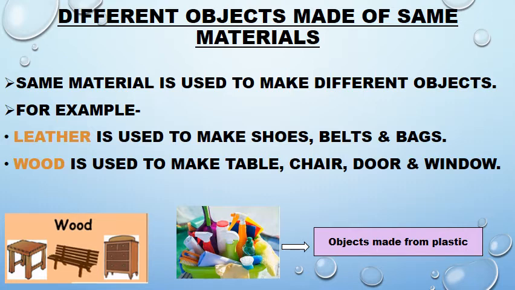If you observe in your home, many objects are made up of wood, like table, chair, doors, windows, many extras are there. So, all these objects are made up of the same material. So, with one material, we can make many objects.